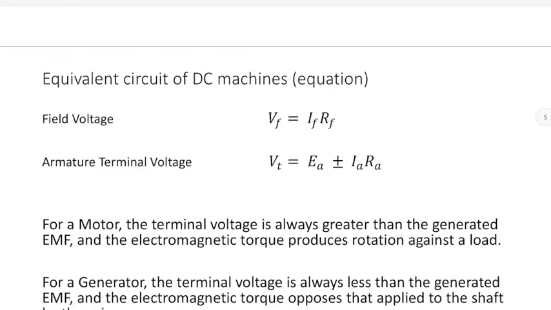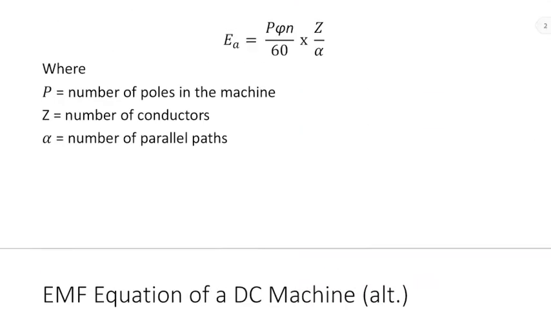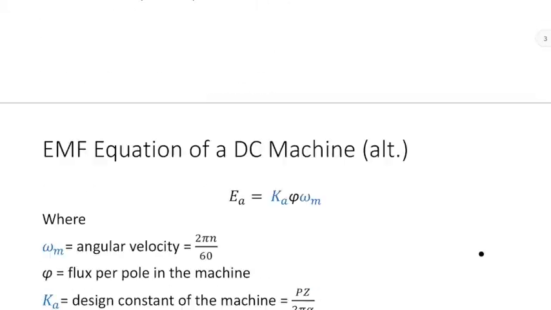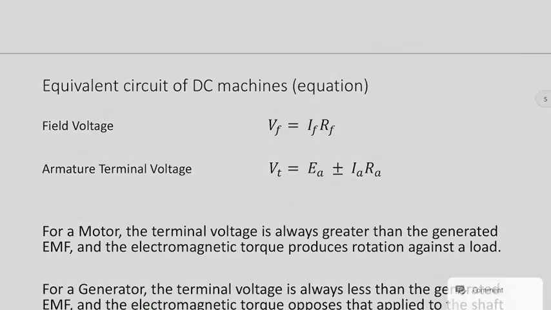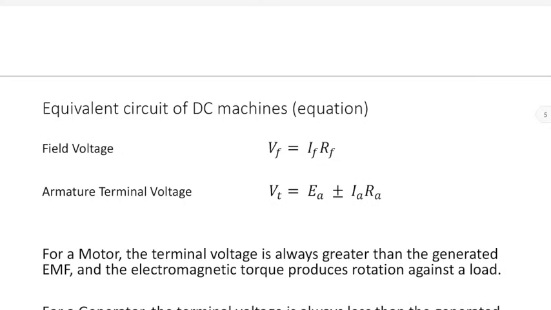But more helpful in problem solving is the armature terminal voltage, or VT. So VT is equal to E sub A, or that EMF. Going back, we have the EMF equation E sub A. So the terminal voltage VT is different: it is EA plus or minus IARA.